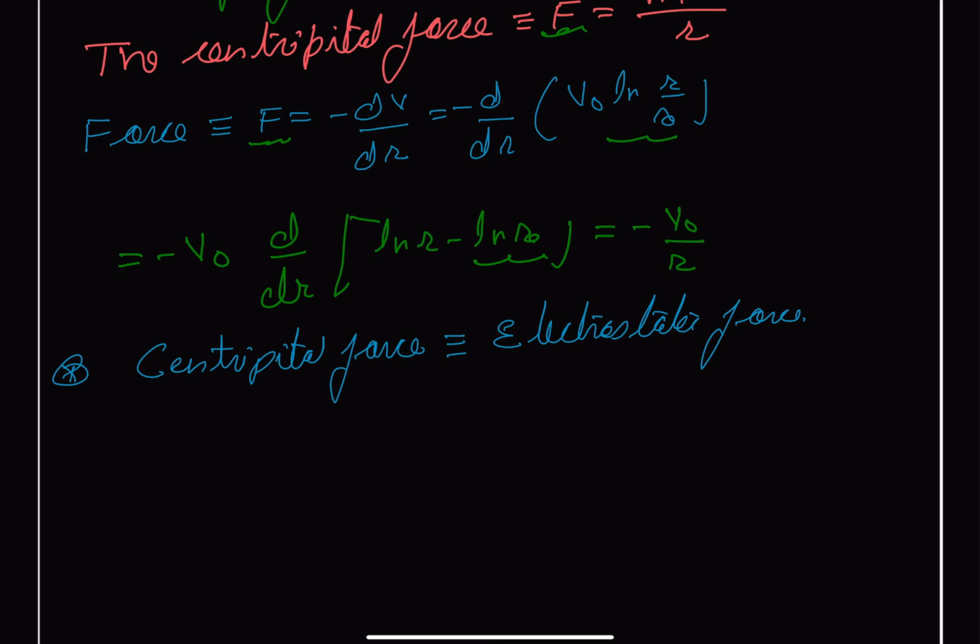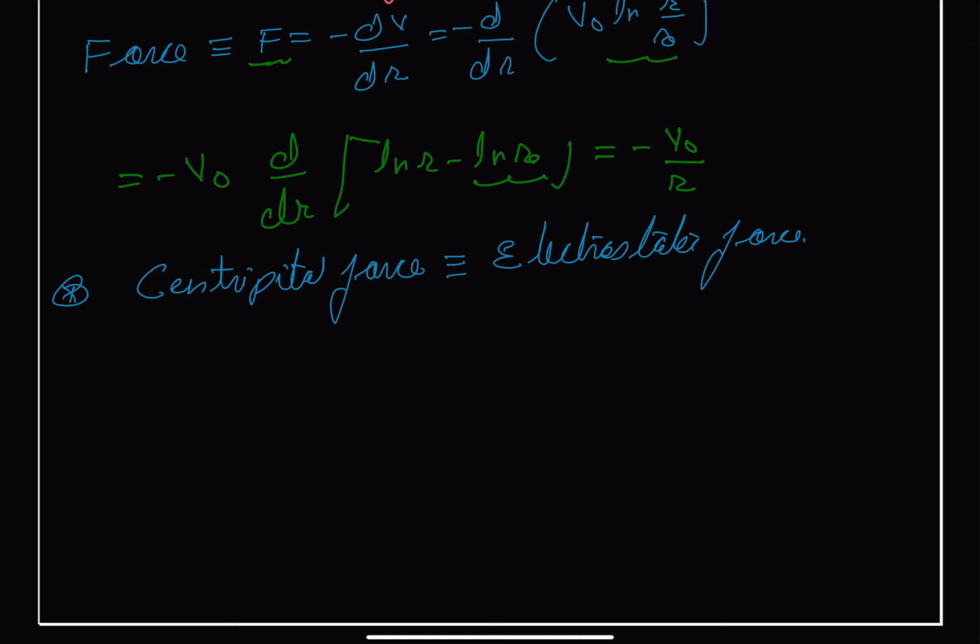If we equate them, mv square upon r will be equal to V naught upon r, and here r and r cancel out, so we get V naught is equal to m v square.